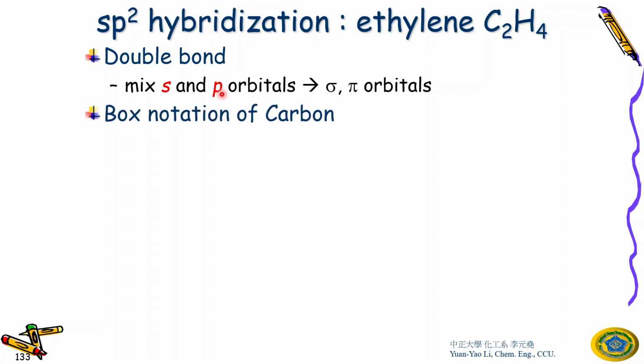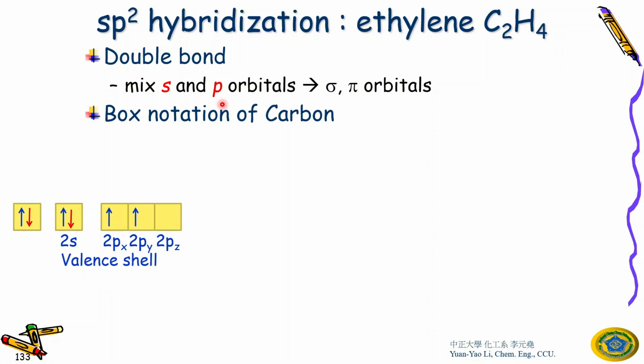Remember the box notation of carbon? This is 2s, 2px, 2py, 2pz. There are 4 electrons here in the valence shell. Since we need to bond with 4 hydrogens, there are only 2 pairs to fill.